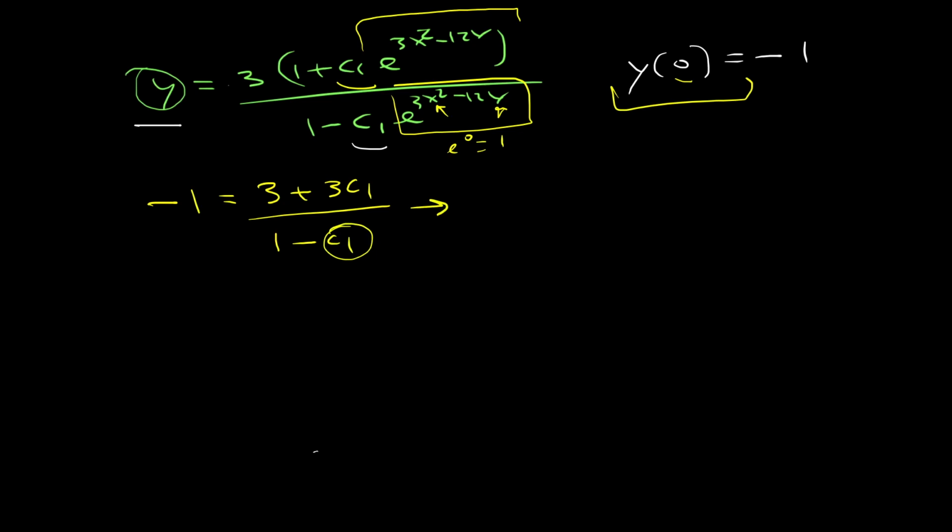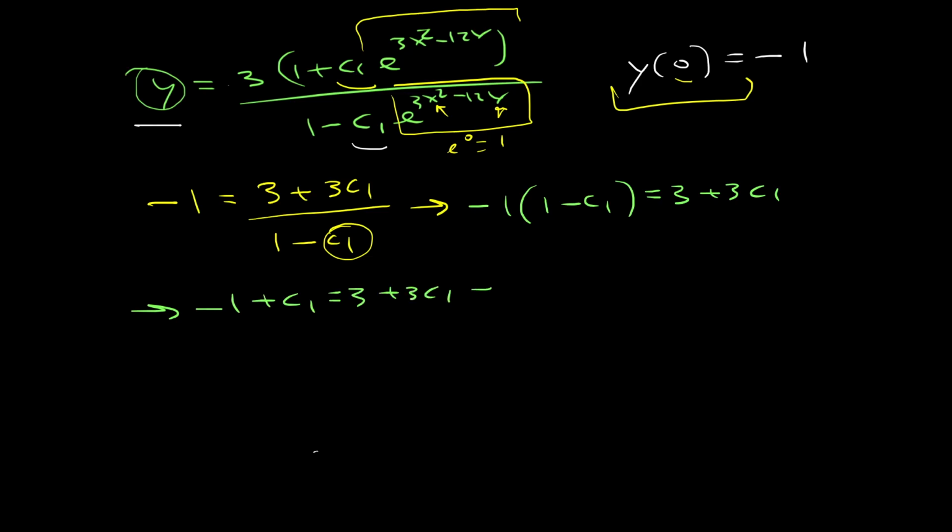So let's do that. So we get minus 1 multiplied by 1 minus c1 equals 3 plus 3c1. And this is the same thing as saying minus 1 plus c1 is equal to 3 plus 3c1. So we get the c1 to the other side and this one to the other side.